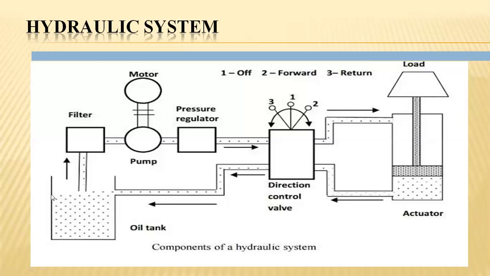This is the oil reservoir, normally we say oil tank, which has a connection for entering the fluid by filtering the oil. Why is filtering necessary? See, in the return stroke, the fluid also returns back to the oil tank, draining oil to the oil tank again.